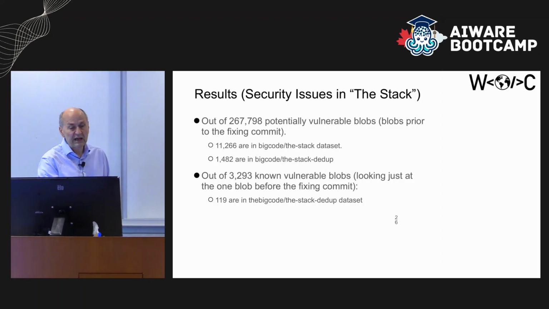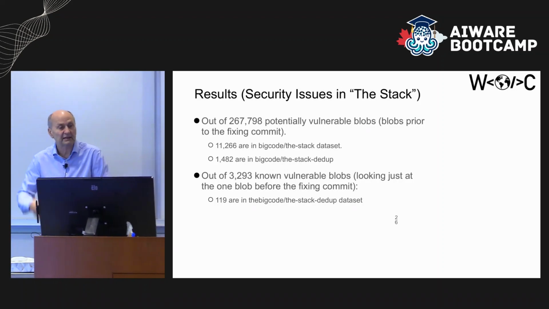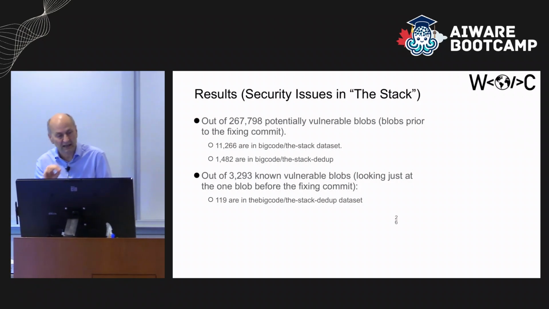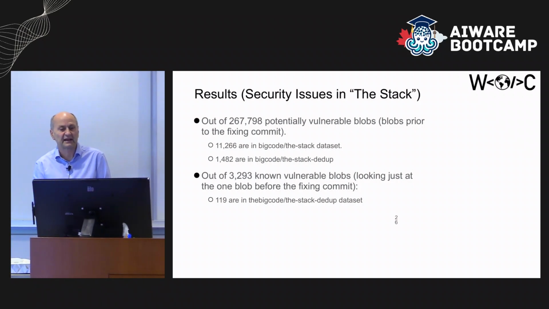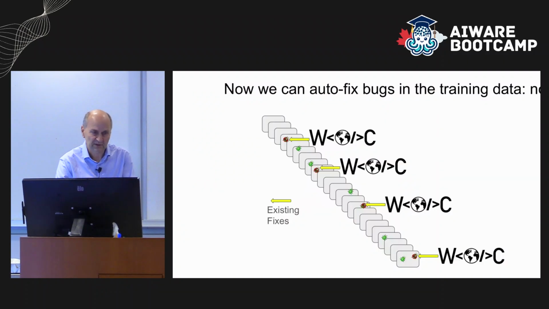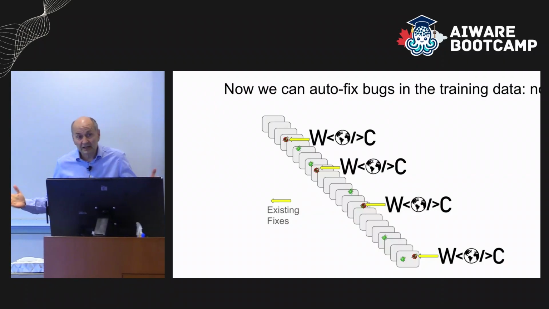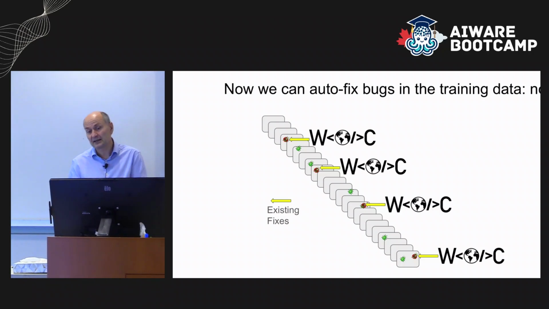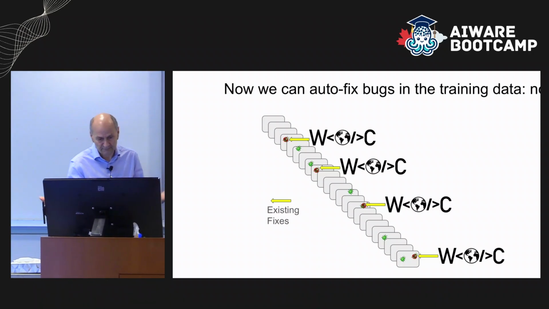Many of them are in the Stack dataset, and many are in the deduped version of the Stack dataset. Even if we look at just the blob just before the fix, those are still in the Stack dataset. Okay, so here's the solving: auto fix bugs. Just go through the training data, find out if it contains bugs, fix them, done.